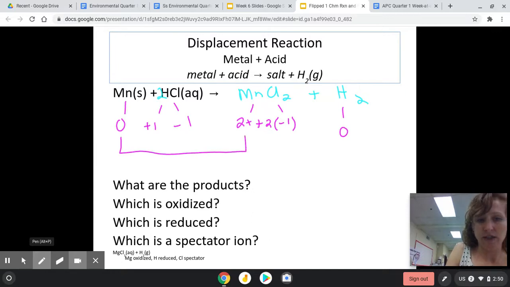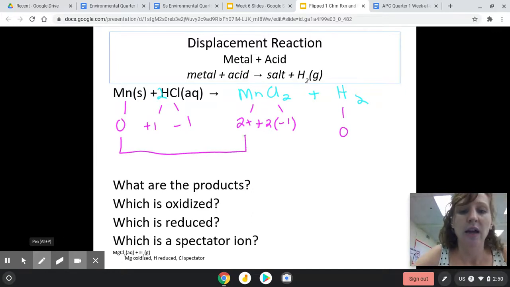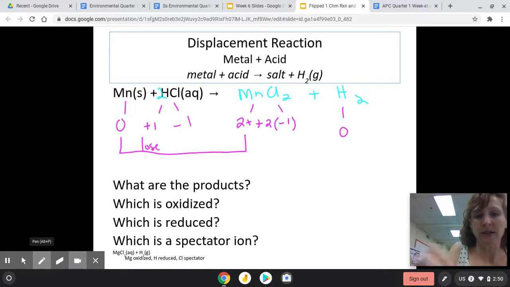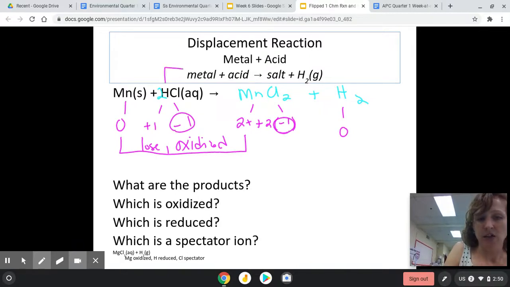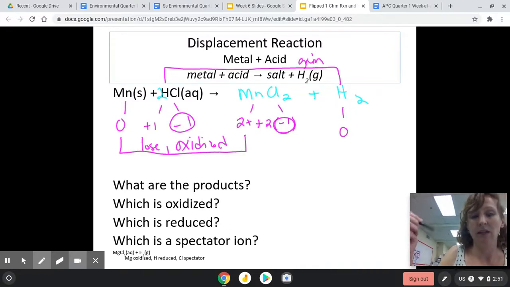Manganese goes from a 0 to a 2 plus. So it's going to lose electrons because it's becoming more positive, which means manganese is oxidized. And then chlorine doesn't change, -1, -1. Hydrogen goes from a +1 to a 0, which means it's going to gain electrons. It's becoming less positive. So hydrogen is the thing reduced.